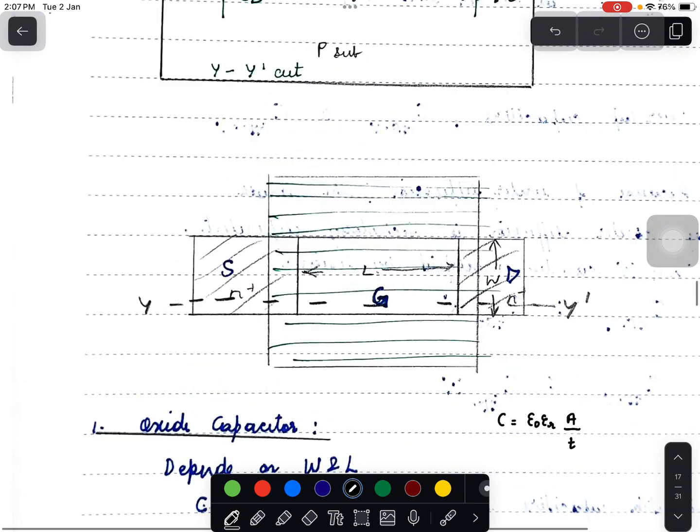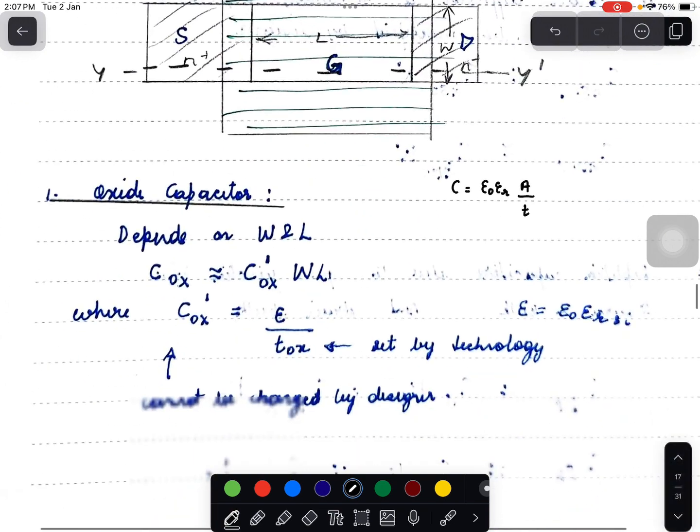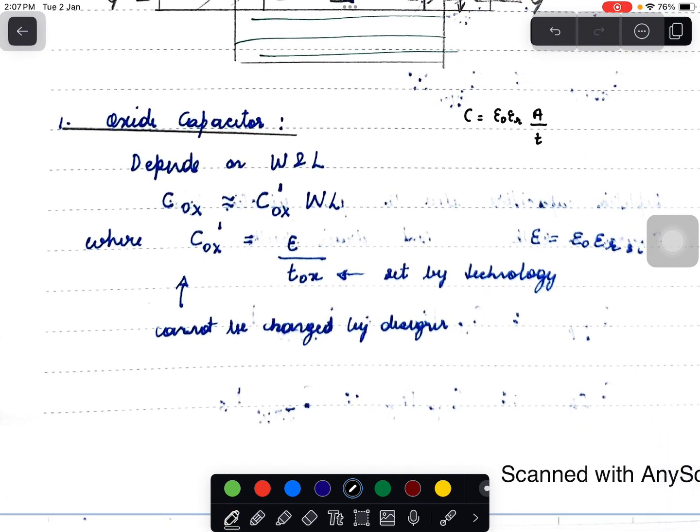So when we see the COX capacitance, the area of the capacitor plate is nothing but the length of the channel L times the width of the gate. So it depends on W and L. COX equals COX dash times W times L.